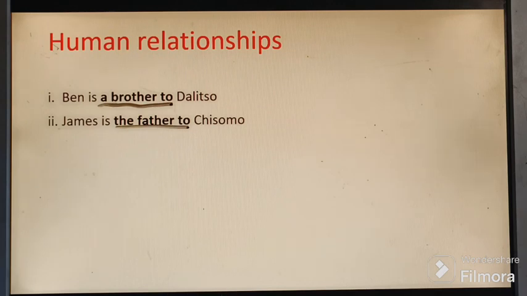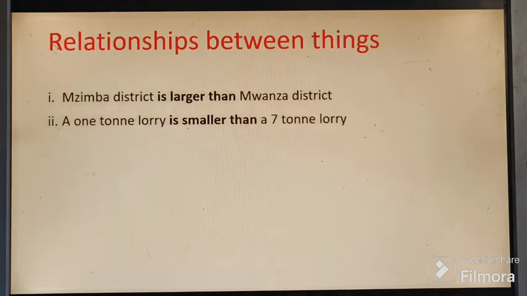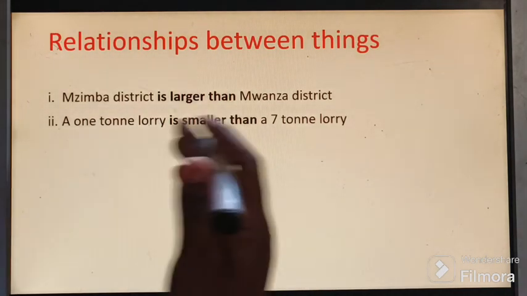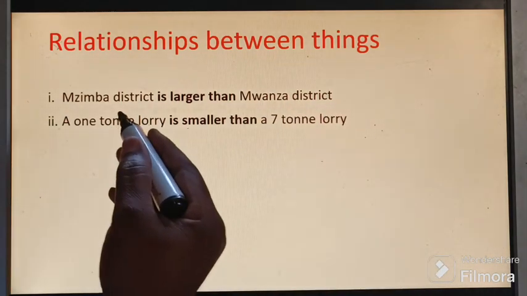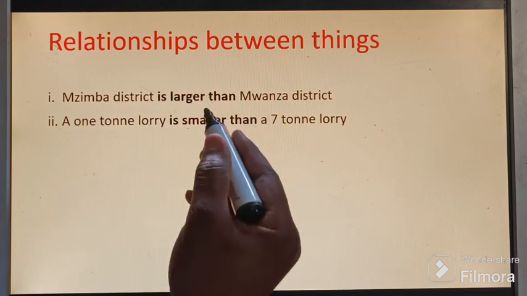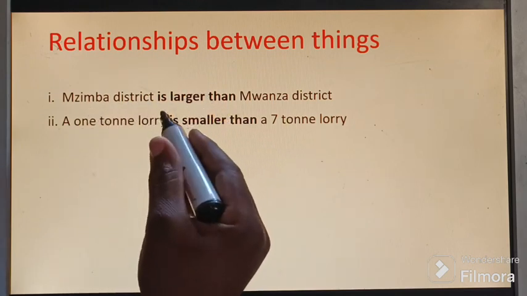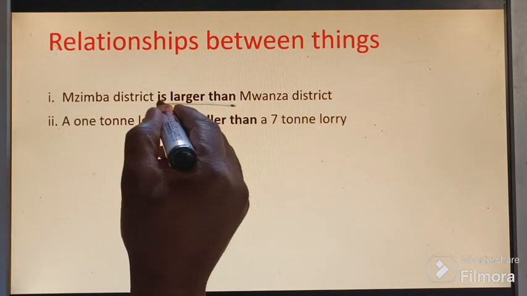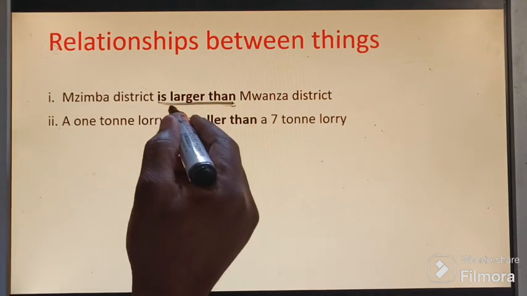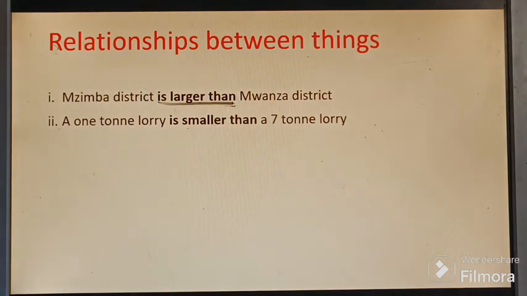There can be other examples. Let's look at the relationships between things. Example, Nzimba district is larger than Mwanza district. So what is the relation there? Is larger than.